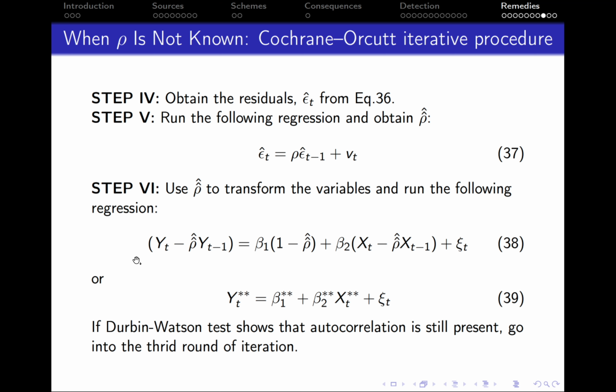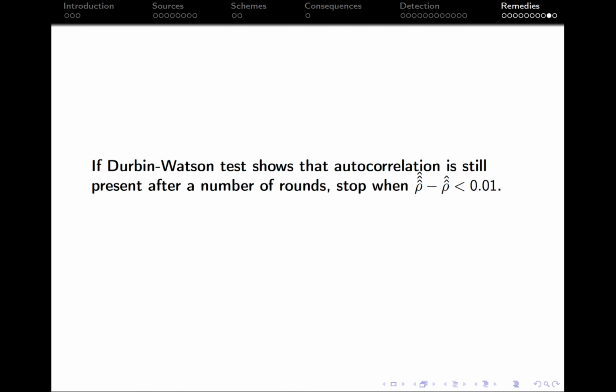So this is the traditional GLS method, which can also be written in the following way. And if the Durbin-Watson test still shows that autocorrelation is present, we need to repeat the iteration. We keep on repeating it until we solve the problem of autocorrelation or until the following happens.